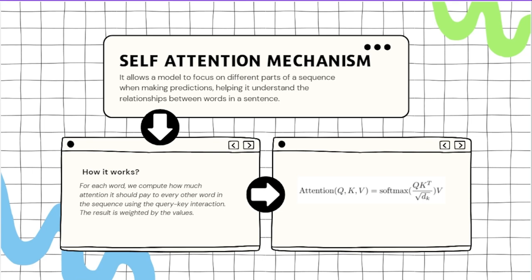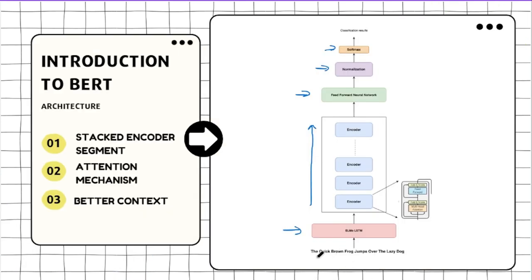For example, if we look at a sentence, suppose right here, the quick brown frog jumps over the lazy dog. Here, first the word quick is taken, and then it is related to other words, and a value is created with the other words.